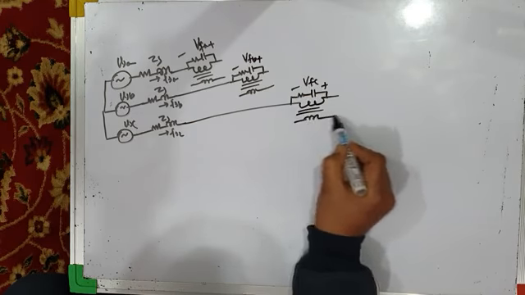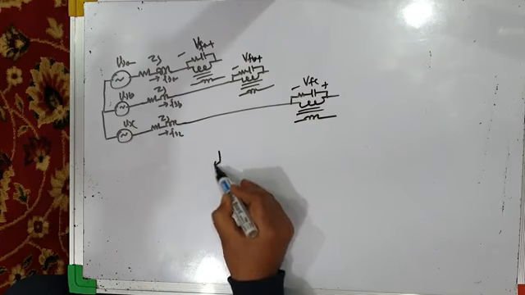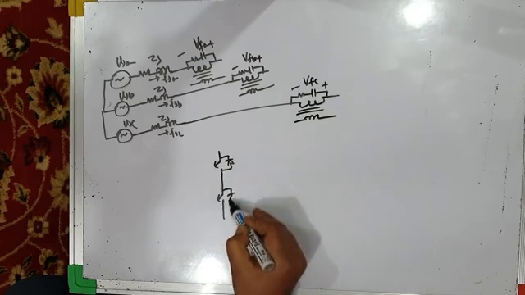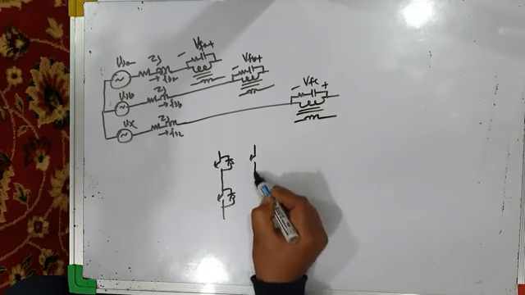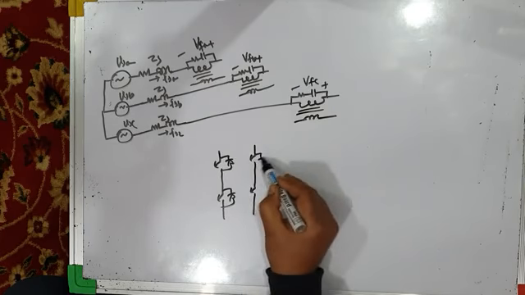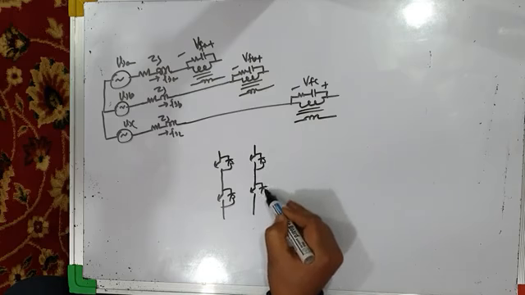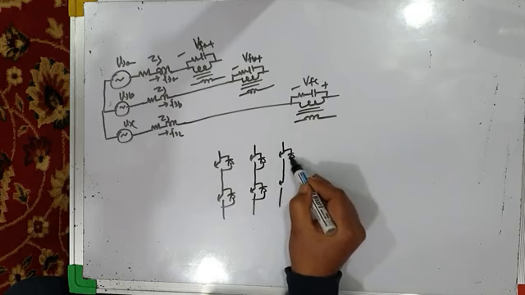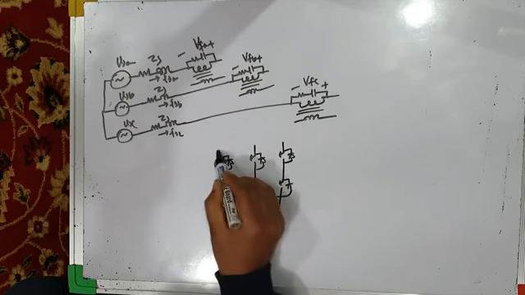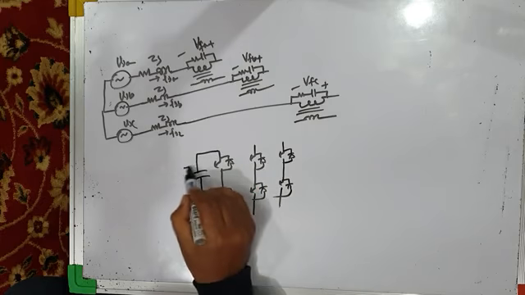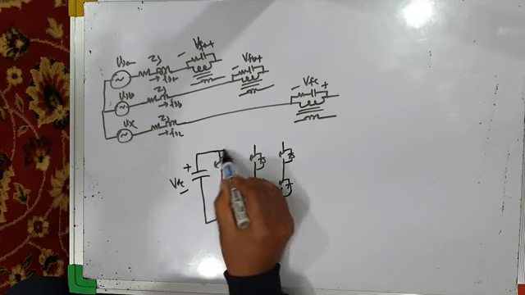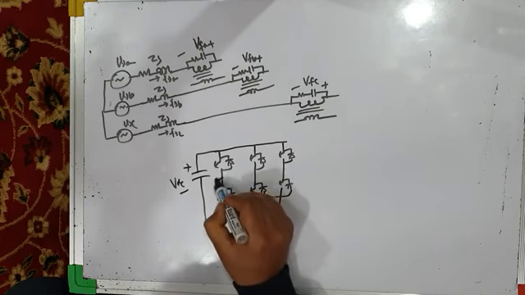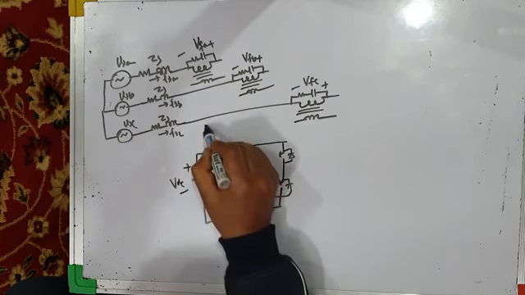VFC, and this is my three-phase voltage source inverter, which acts as a series active power filter. This is DC bus capacitor with DC bus voltage VDC, and this is, for example, injected voltage.